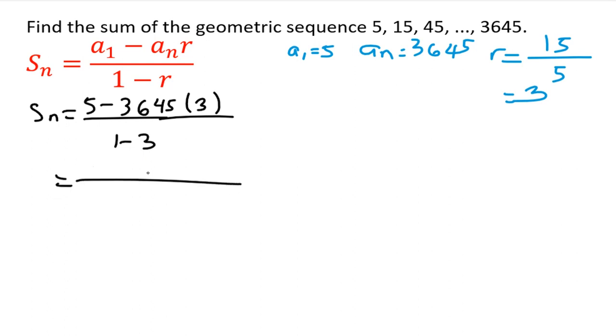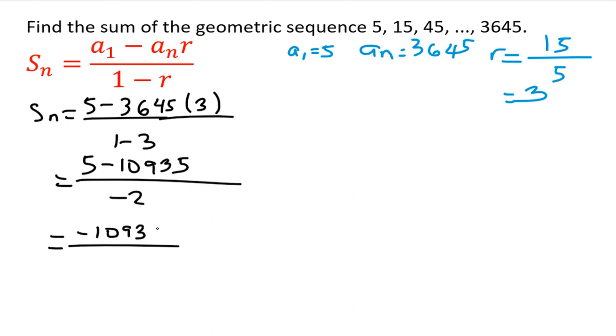times the common ratio, that is 3, over 1 minus 3. Okay, so that is 5 minus 3,645 times 3, which is 10,935, over 1 minus 3, which is negative 2. 5 minus 10,935 is negative 10,930 over negative 2.